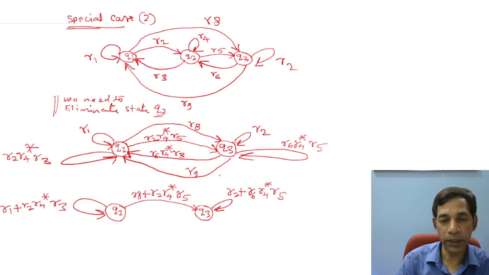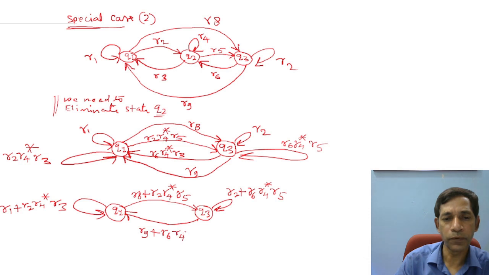Similarly, we have two direct parallel edges from Q3 to Q1 going in the same direction. This corresponds to the regular expression R9 plus R6 R4 Kleene star R3.